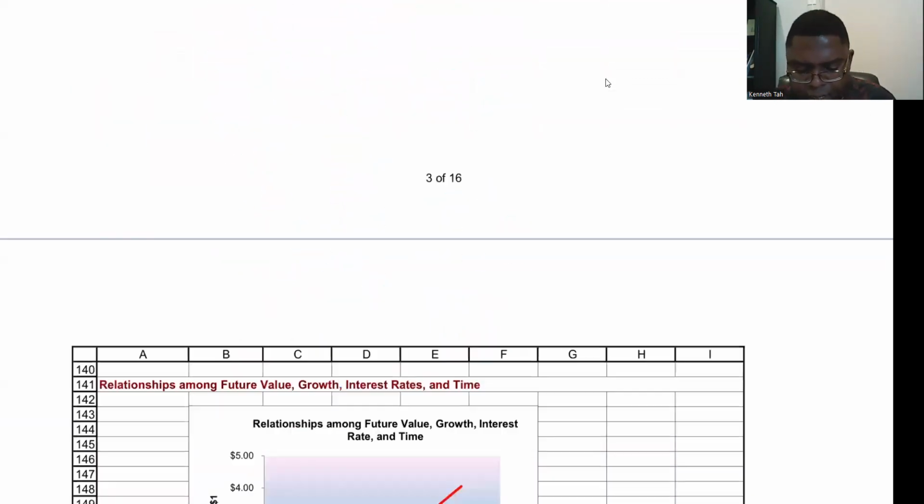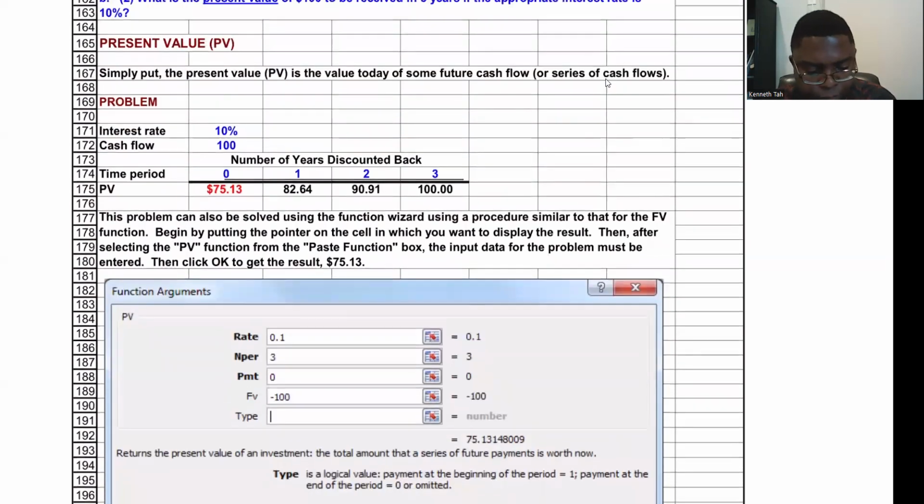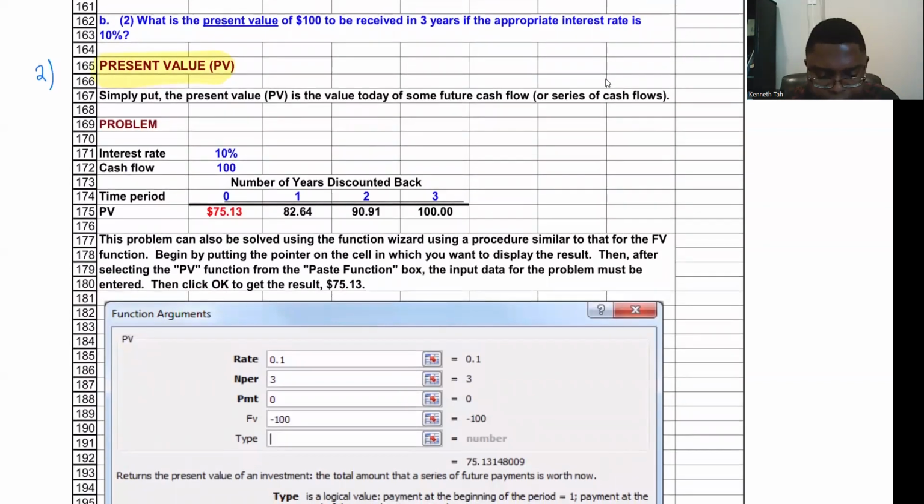All right, so that is how we calculate future value. The next concept we want to capture, number 2, is present value. How do we calculate present value? Again, from the formula of future value, we can calculate the present value.